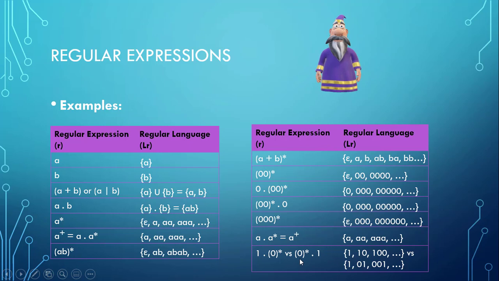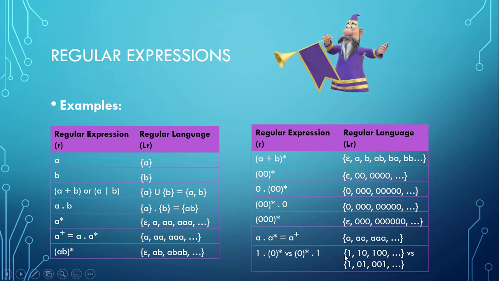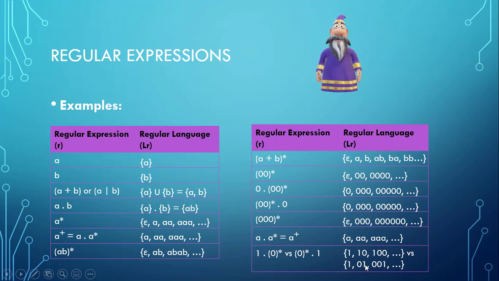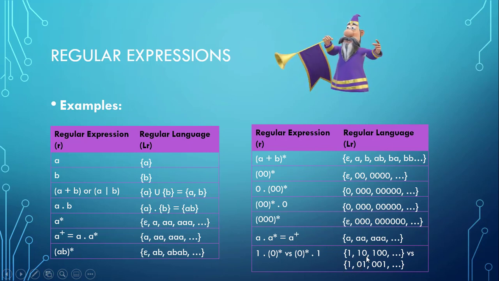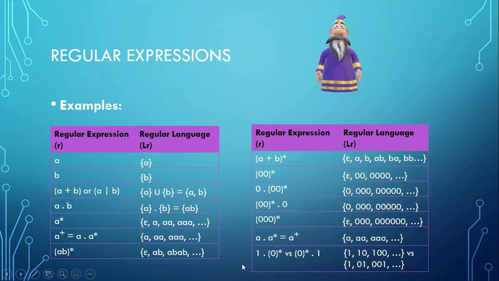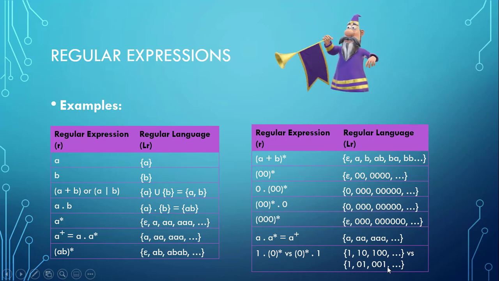But when we have 0 star dot 1, at that time the first language string will be 1, then 01, then 001 and so on. So here as you can see in the output, that is the regular language generated by these expressions, the first type will have 1 in the beginning of their language and in the second expression it will have 1 at the end of the language.